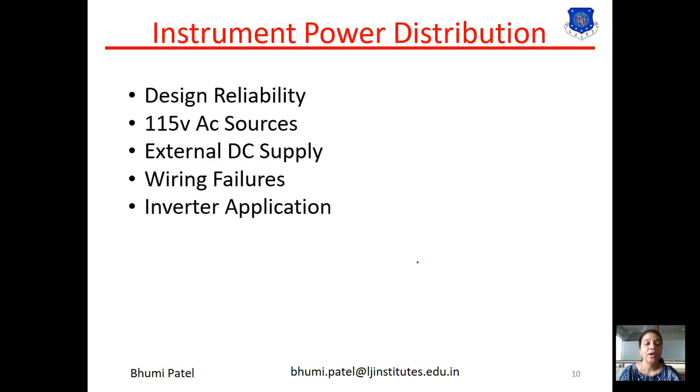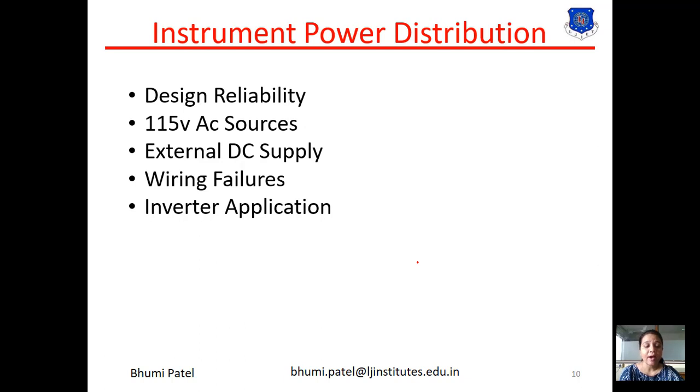Now when the inverter is used and when the inverter is not used. When the inverter is not used for the instrument power supply, circuit breakers are commonly used for the system. But when the inverter is used, all circuit protection devices between the inverter and the instrument should be high speed fuses.